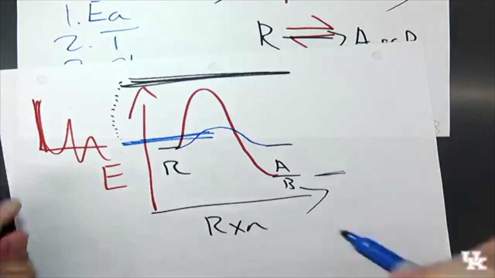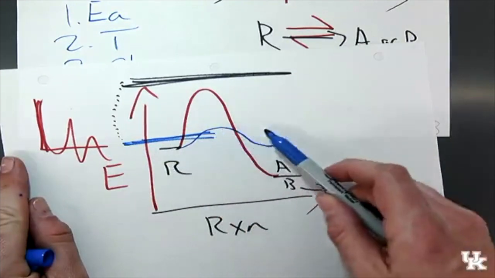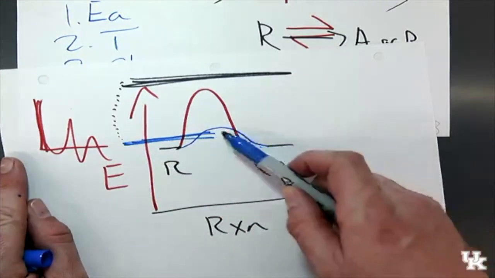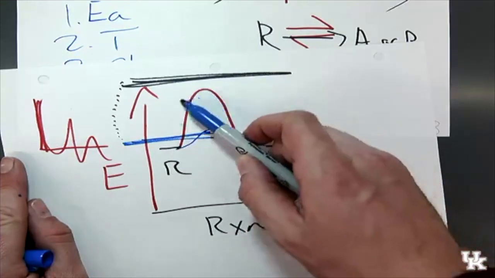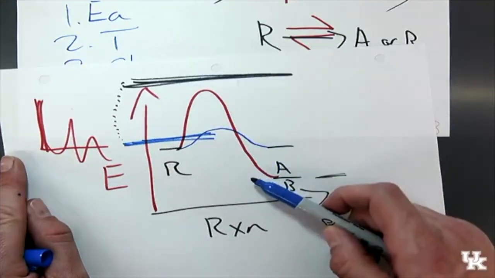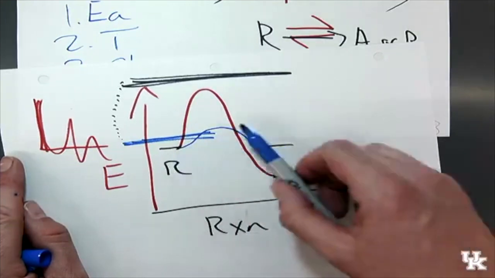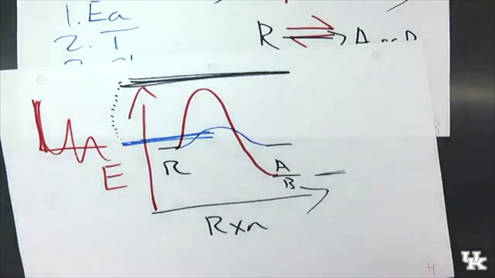And if you have a lot lower temperature, the blue one, then even if you make A, and it's in an equilibrium, and the molecule can go back over this barrier, there's no way it can get up and go back to R and reconvert to B. There's no way. So they would be stuck here in A and would never have enough energy to get over the hump there. Does that make sense?